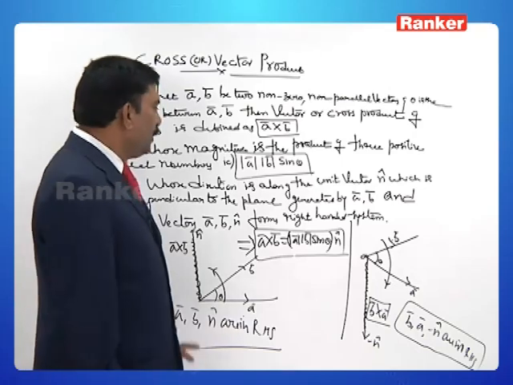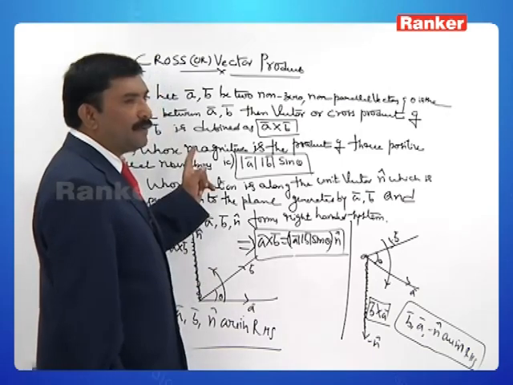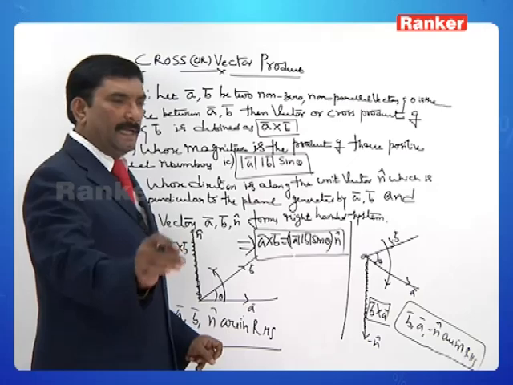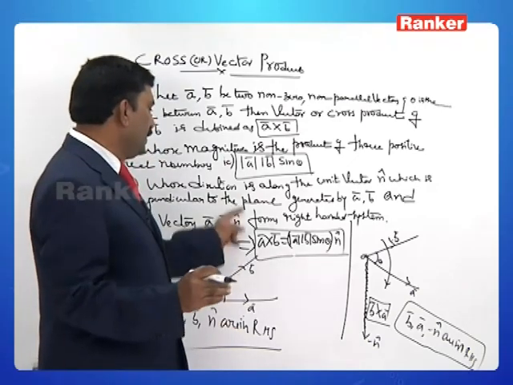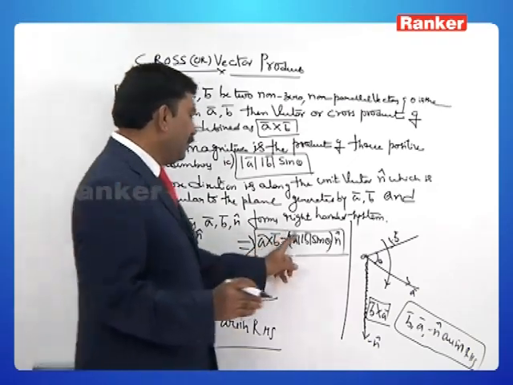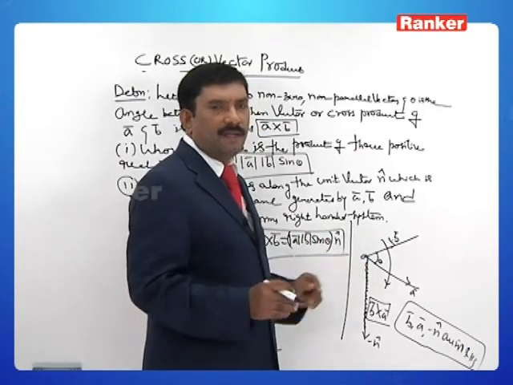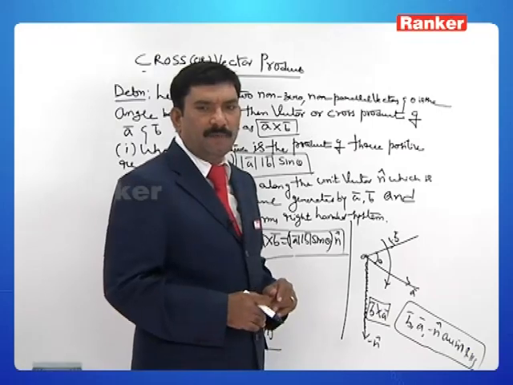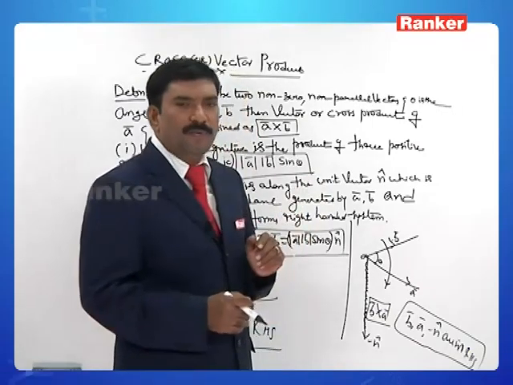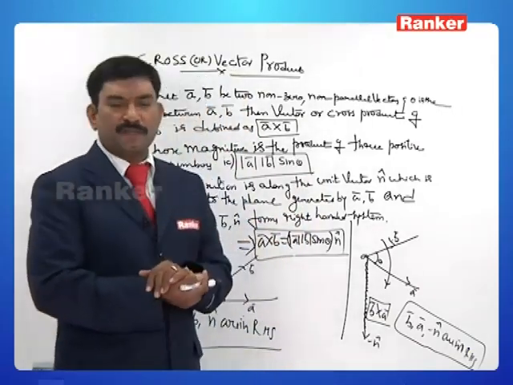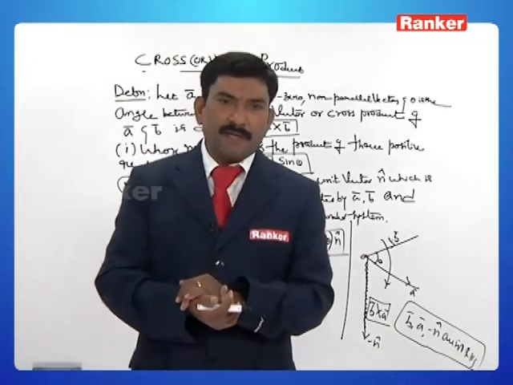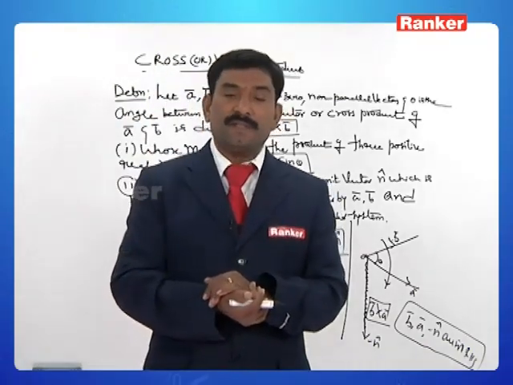So now you can very well observe A cross B is defined as mod A into mod B into sin theta into n cap. And from this figure, we come across many applications. First one is A cross B is equal to mod A into mod B into sin theta into n cap.